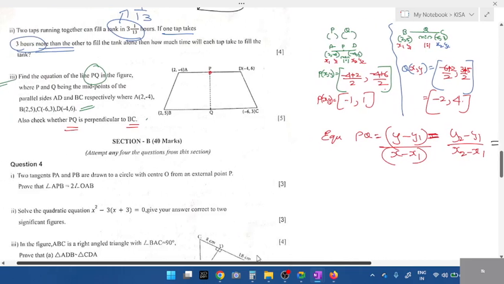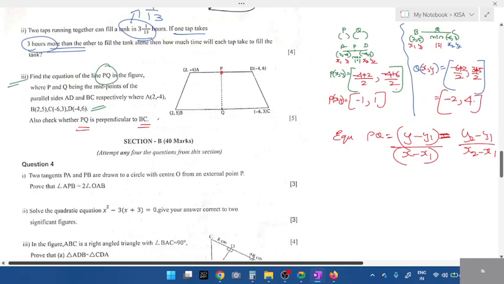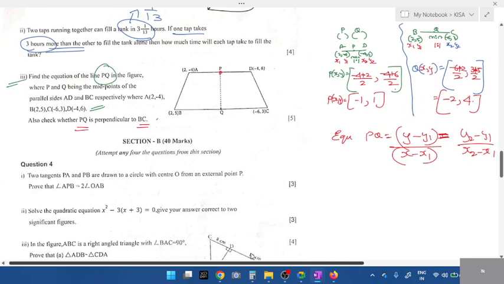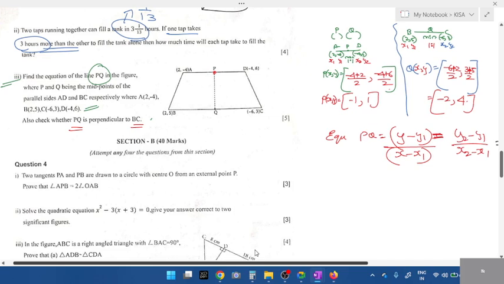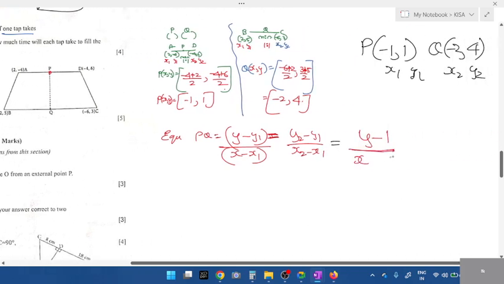They've asked us to find the equation, right? Equation of PQ. What's the value? Minus of minus 1 is plus 1. What is y2? 4 minus 1 divided by minus 2 plus 1.